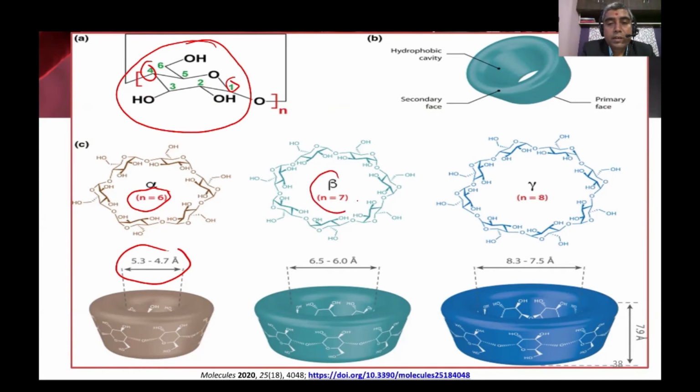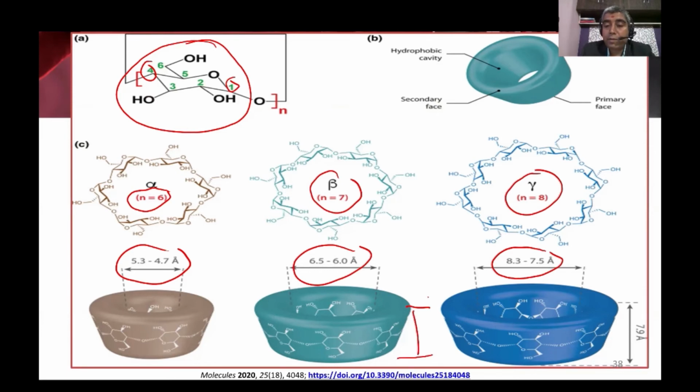Beta cyclodextrin has 7 repeating units and a cavity diameter of 6 to 6.5 angstrom. Gamma cyclodextrin has 8 D-glucopyranoside units and a cavity diameter of 7.5 to 8.3 angstrom. The height of this torus is 7.9 angstrom for all alpha, beta, and gamma cyclodextrin.